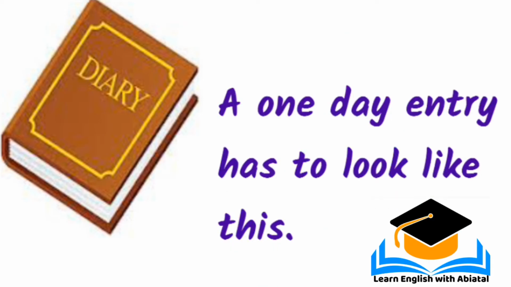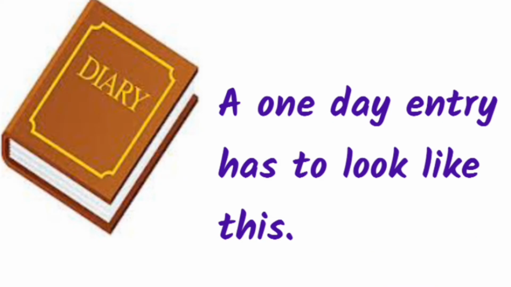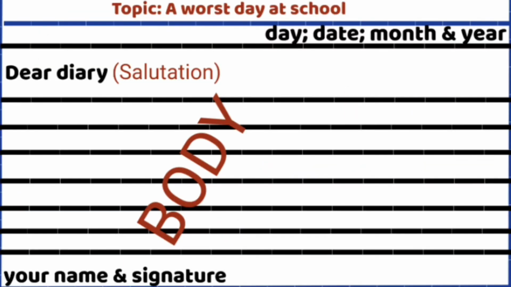Now, let us look at a one-day entry, or let's say a single entry. A one-day entry has to look like this. Let us assume your topic is the worst day at school.